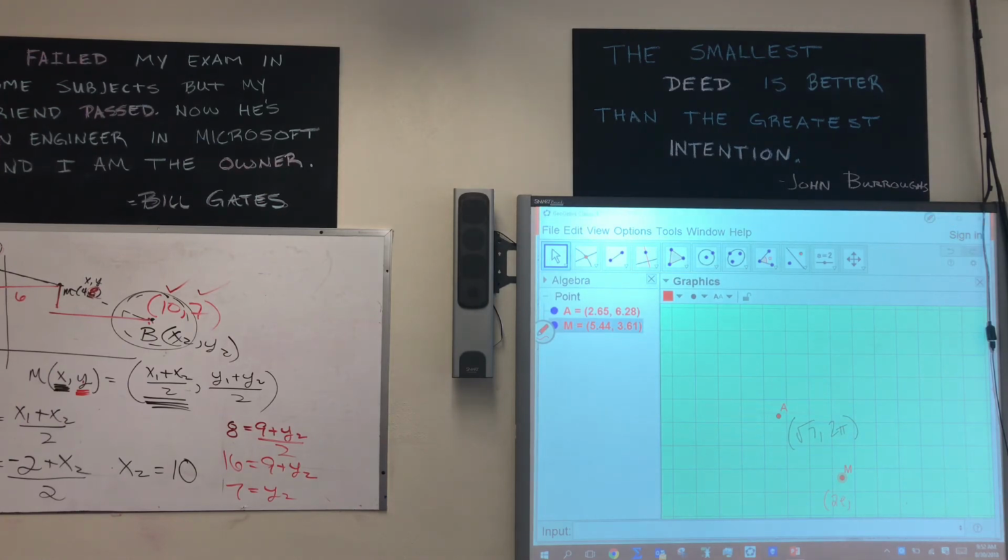Okay, 2e, root 13. Again, that's the midpoint. So I'm looking for B's coordinates, and they're going to be down there somewhere, right? Does that kind of make sense?